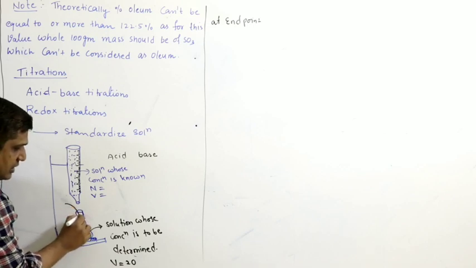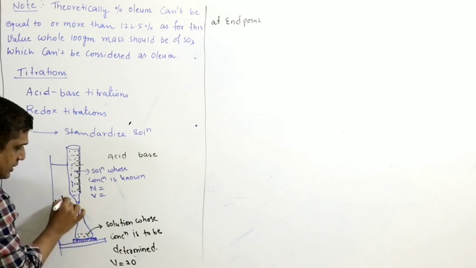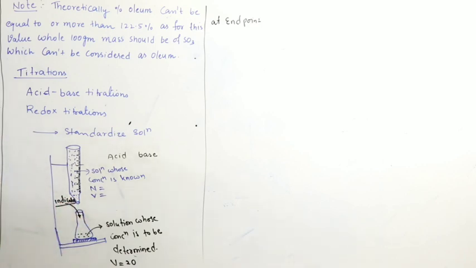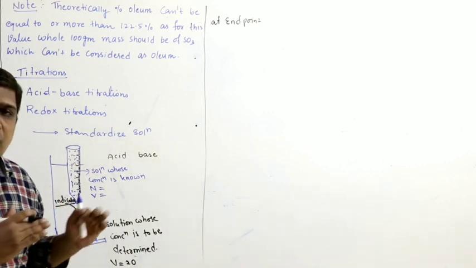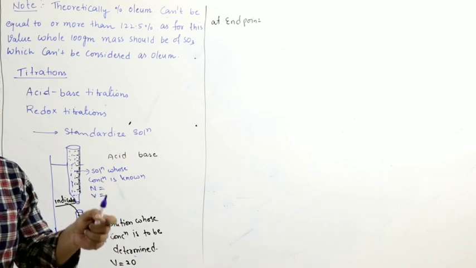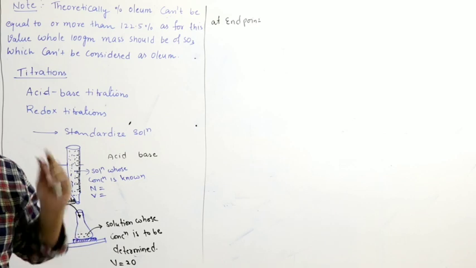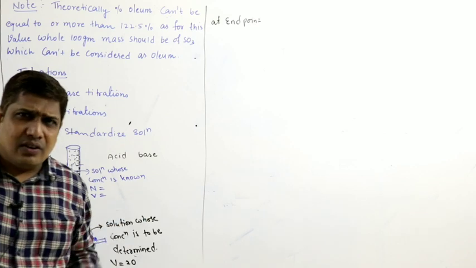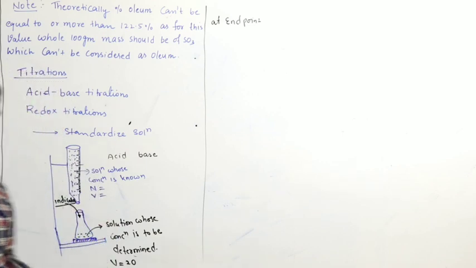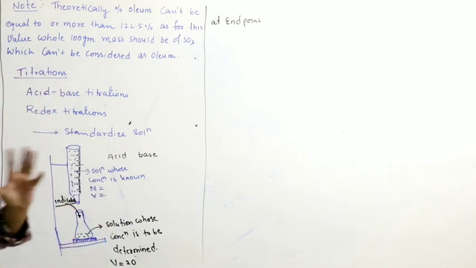For that, we add another substance, which we call an indicator. As I said, we will study indicators separately, so I am not going into details. An indicator is a substance which shows color change at the end point. How it shows it, and what different substances we can use as indicators, we will study separately.